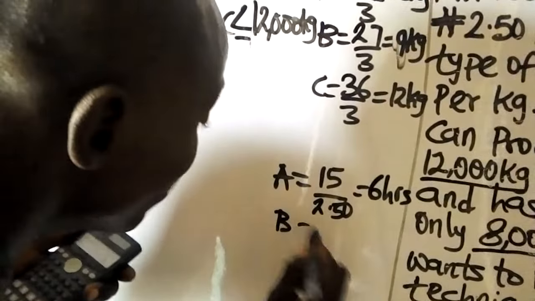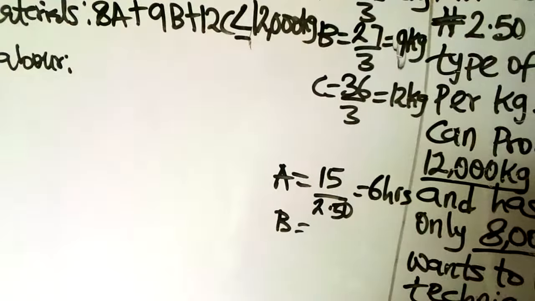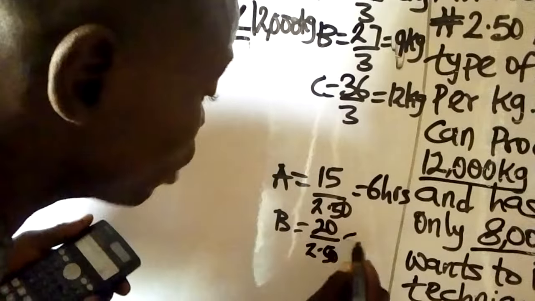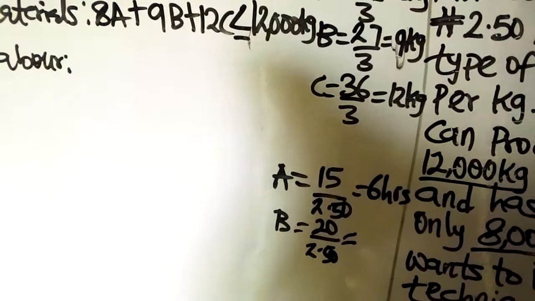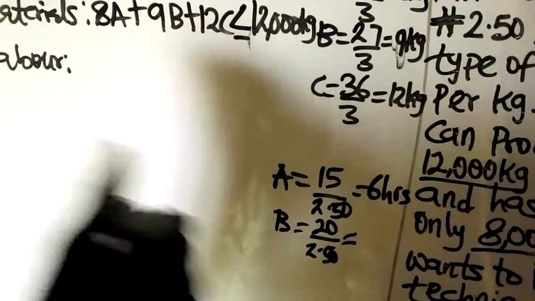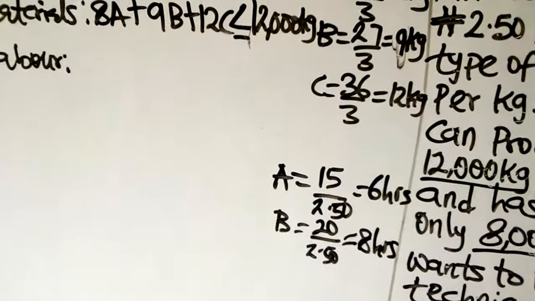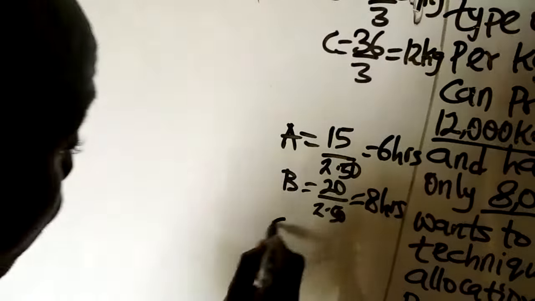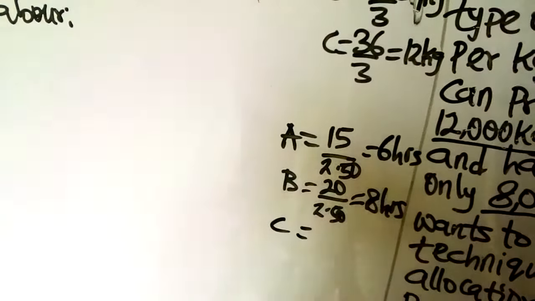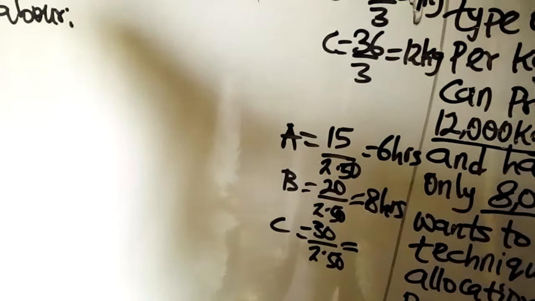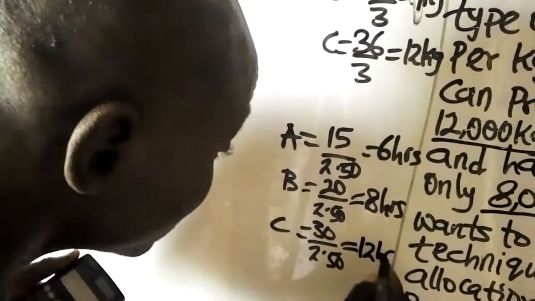For B, we have 20 naira divided by 2.5, which gives us 8 hours. And for C, we have 30 divided by 2.5, which gives us 12 hours.